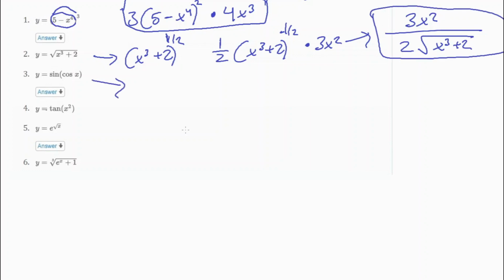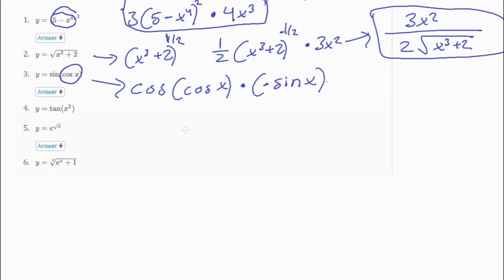And now we have number 3. We're dealing with some trig functions here. We have y equals sine of cosine x. First, we're going to find the derivative of the outside, and we're going to make our way inside. The derivative of the outside, sine, is going to be cosine, and then we're going to have cosine x, which stays the same on the inside, and then multiplied by the derivative of the inside, cosine x, so the derivative of that is negative sine x.